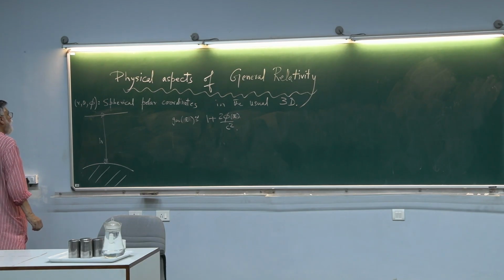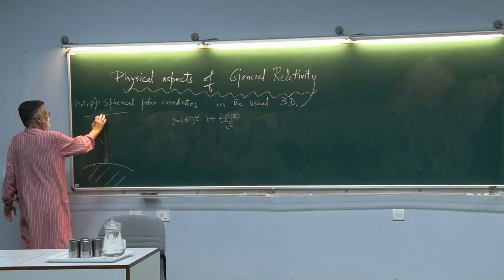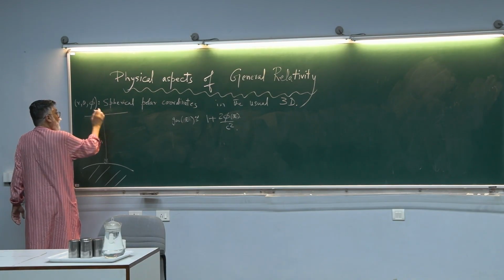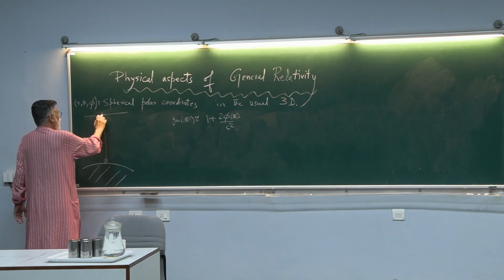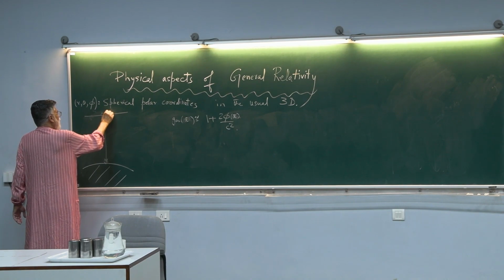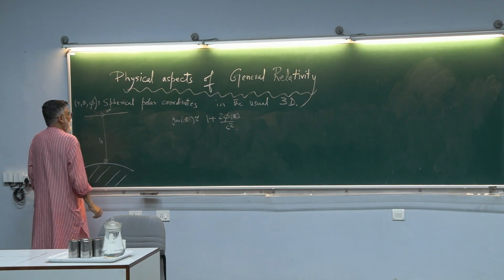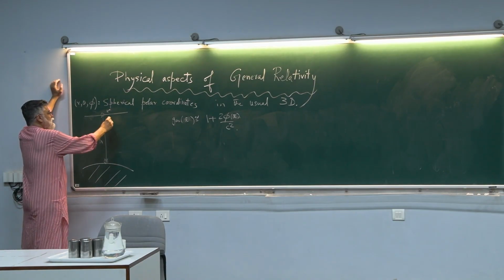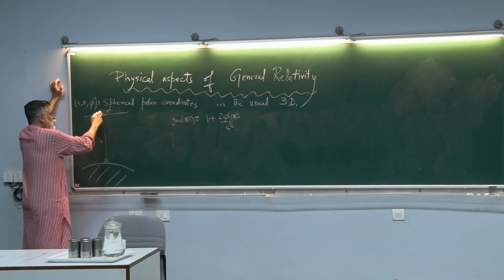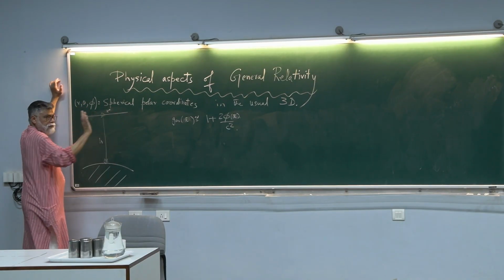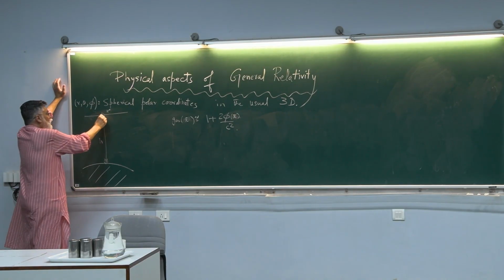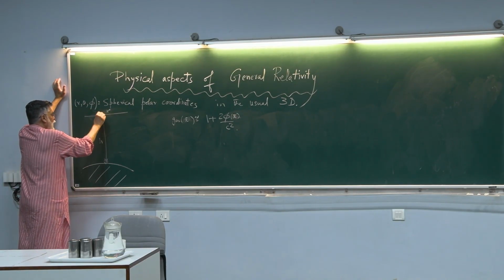And let's say here the clock is ticking, and this is the coordinate time of the clock. So the clock is here using the x mu coordinate system, and supposing two events happen at the same spatial point at two different coordinate times. So two events happen at this clock.